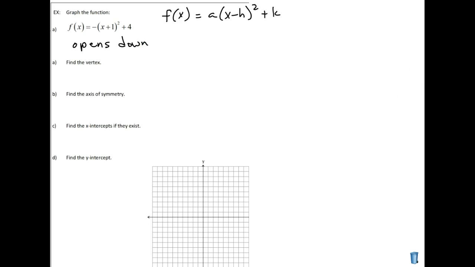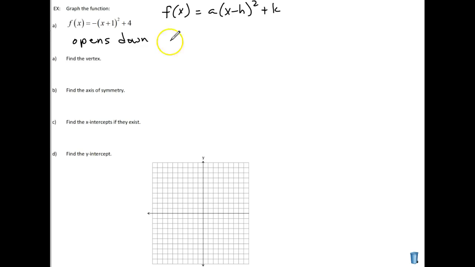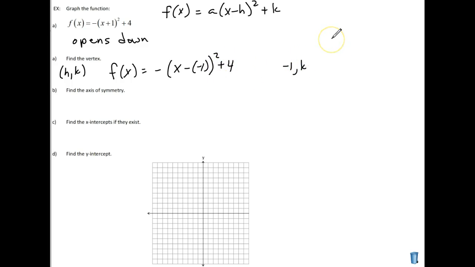Then I want to look for my (h, k), my vertex. Remember I said if this is plus, like this one is, we actually need to think of this as x minus negative 1 squared, and then plus 4. So my h is negative 1 and my k is positive 4.